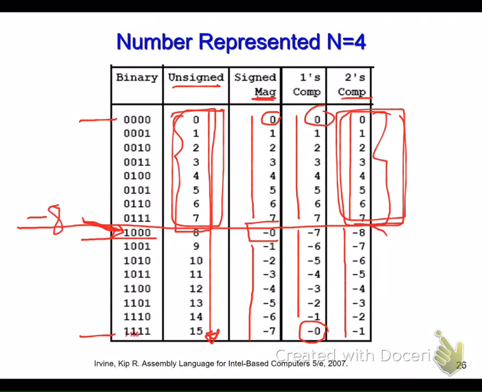And that's why here I have it as minus 8. That location will be counted as minus 8. So if I have this location as minus 8, and I have here 1, it's minus 8 plus 1. It will give you minus 7, which I have here.